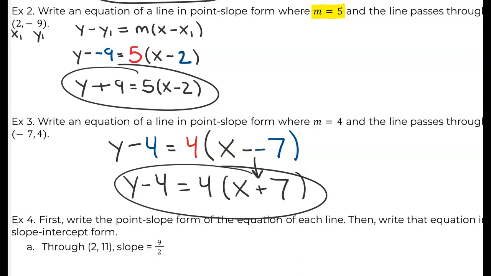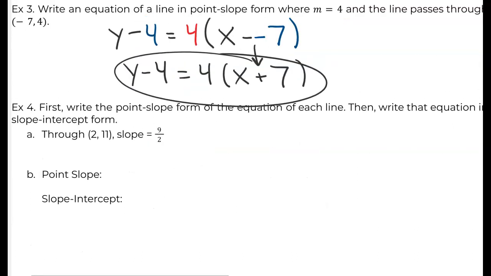And this next example, example 4, is kind of just looking ahead to what we'll do on Monday. Today we're just focusing on, can you plug in things where they're supposed to go and write it out correctly? On Monday we'll say, okay, let's write it in point slope form first.